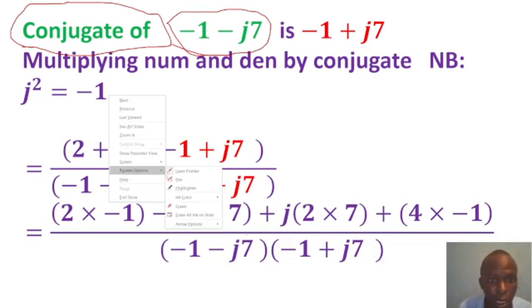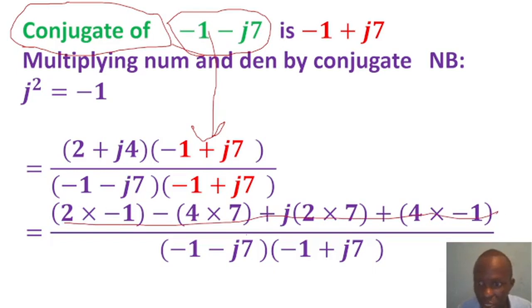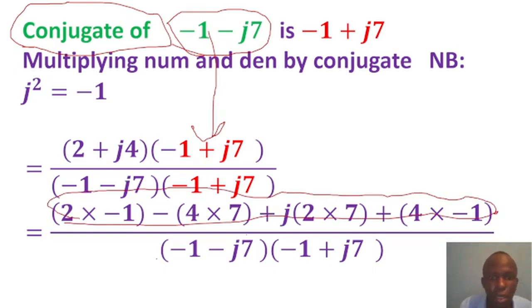Let me select a pen. The conjugate surd, that one there. We multiply both the numerator and the denominator. Now that we have already seen how multiplication is done, you can always refer to the multiplication and see how these substitutions come in.